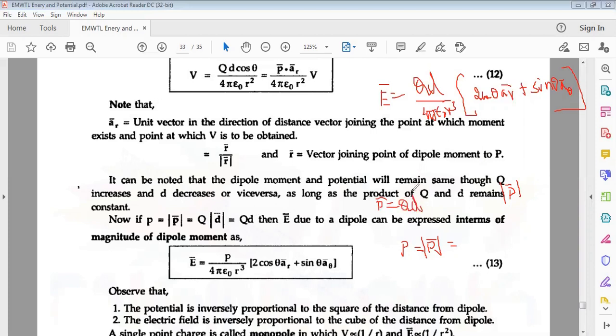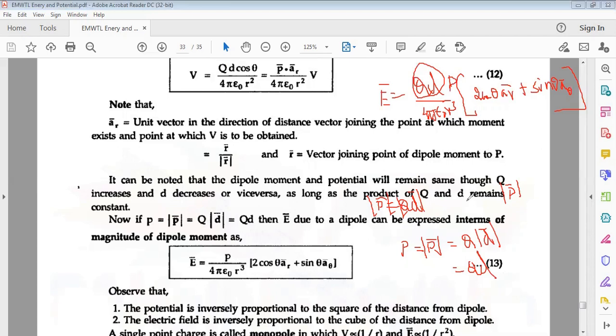Now applying the magnitude on both sides, Q is a constant, magnitude of D bar, so it is equal to QD. So P is equal to QD, and we can substitute QD with P. So E bar is equal to P by 4 pi epsilon naught R cube into 2 cos theta A R bar plus sin theta into A theta bar.